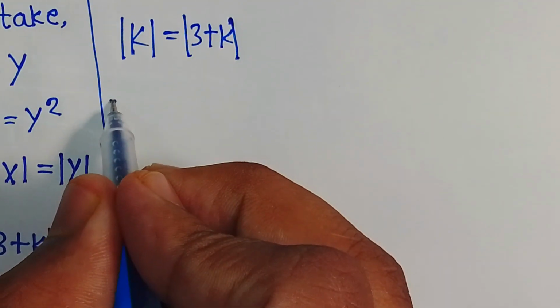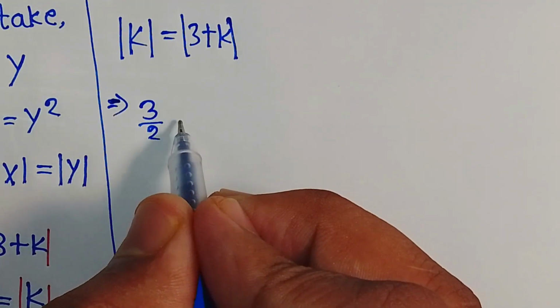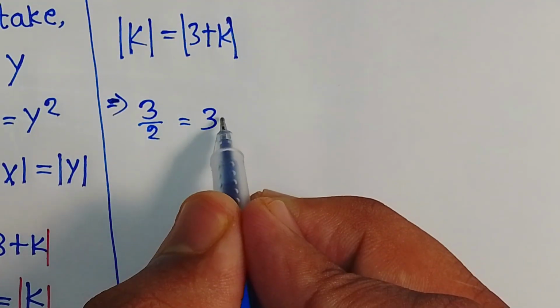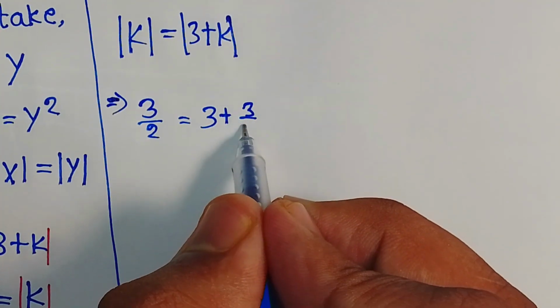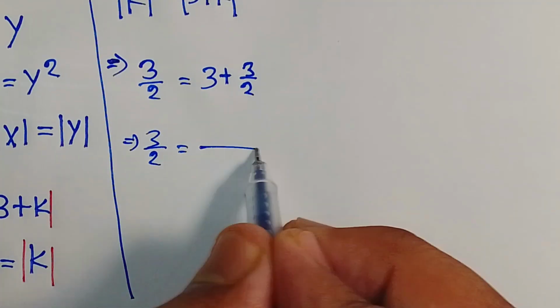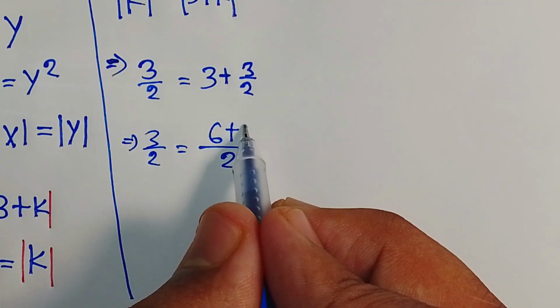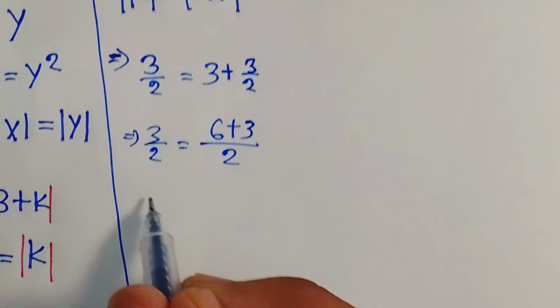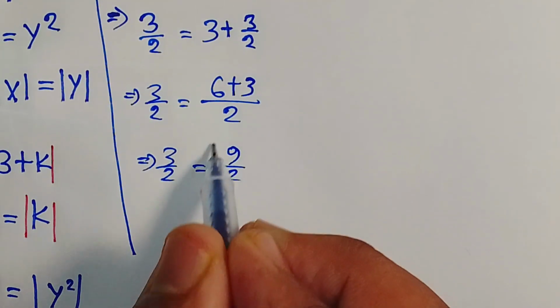So if we replace the value, modulus of 3 by 2 is equal to 3 plus 3 by 2. So we can write 3 by 2 is equal to 2 is there and 6 plus 3. So 3 by 2 is equal to 9 by 2.